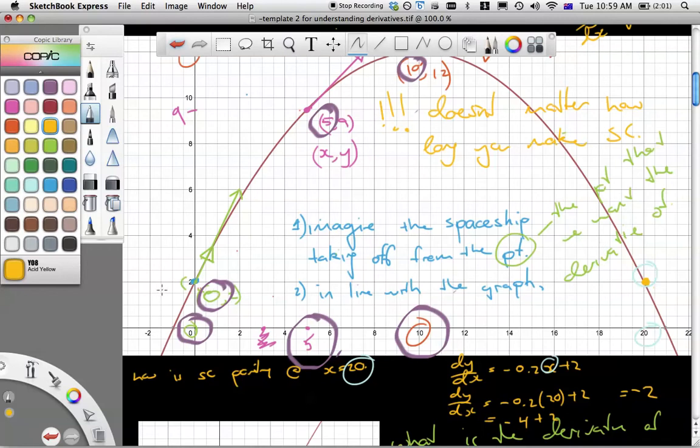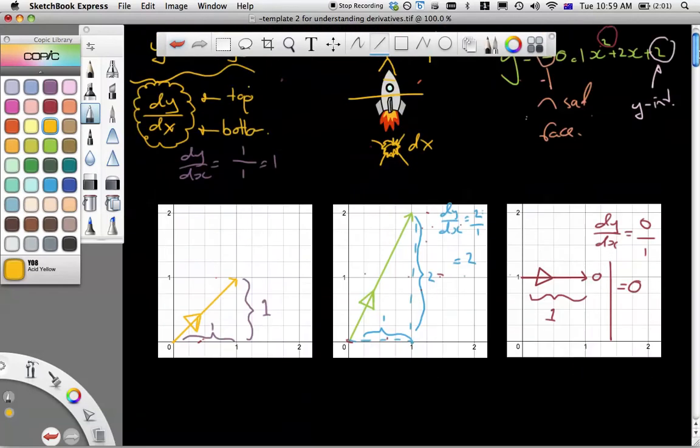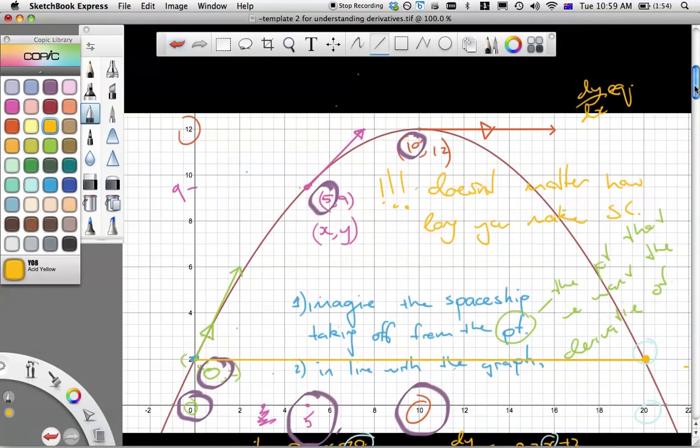And you notice that it's at exactly the same height as this one. And this was 2, and this is negative 2. So we're seeing a kind of cool, interesting result there. So video 1, learn about the spaceship. Video 2, learn how to draw the spaceship and launch from different points.